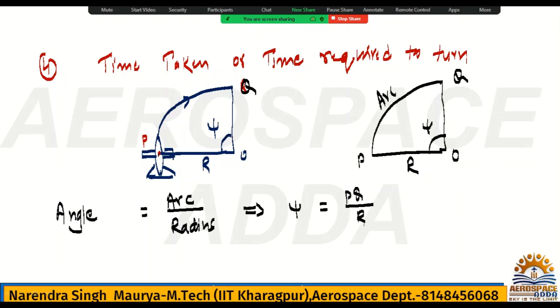Yes or no? So basically, what is PQ? PQ is the arc, or you can say the circular distance.